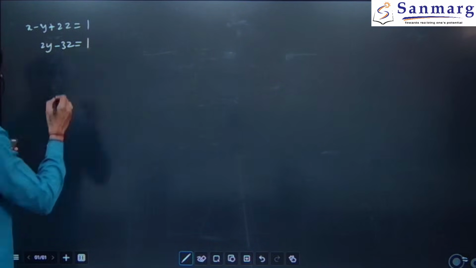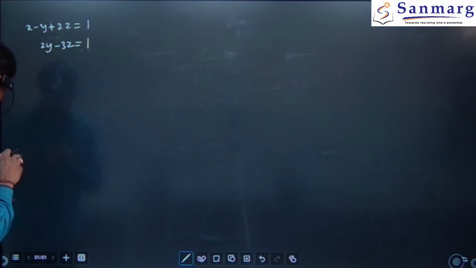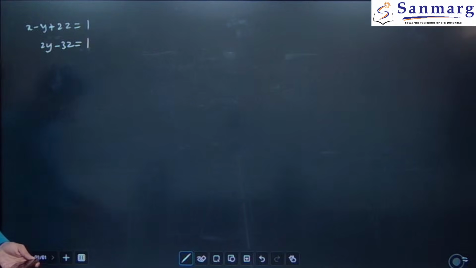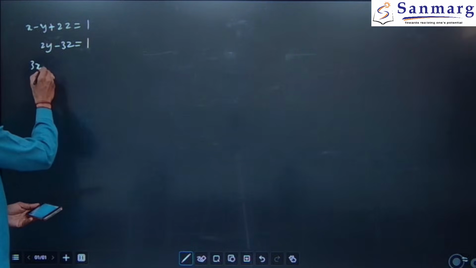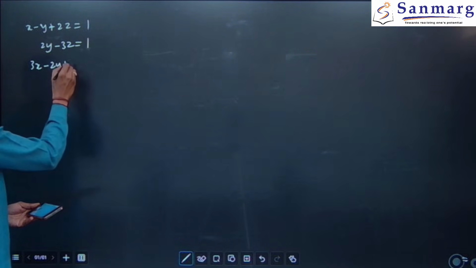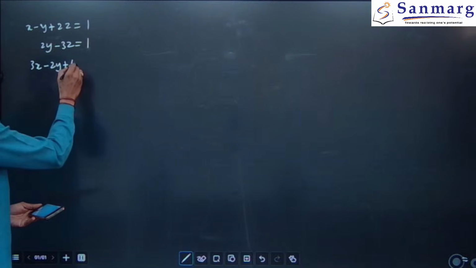The third equation is 3x minus 2y plus 4z is equal to 2.